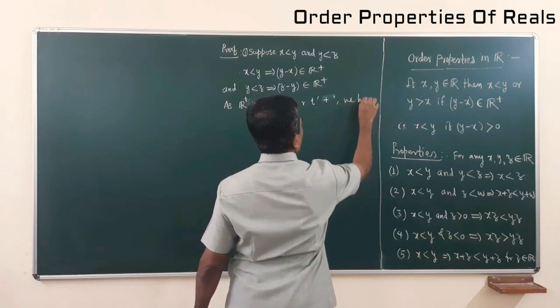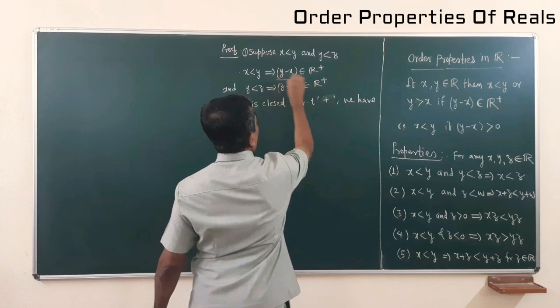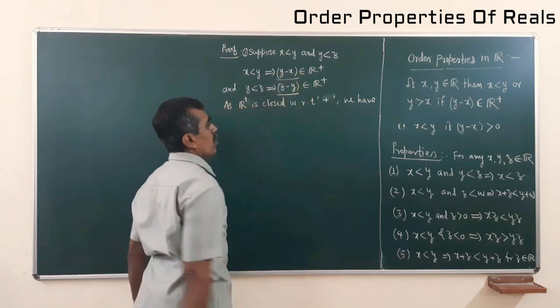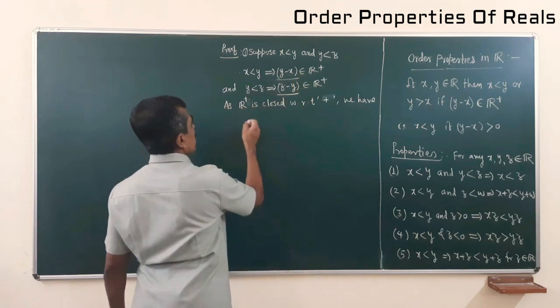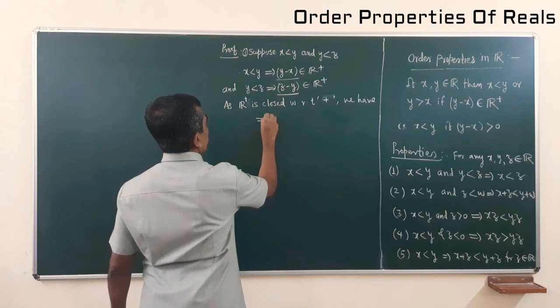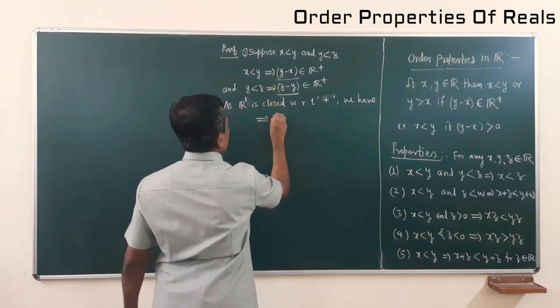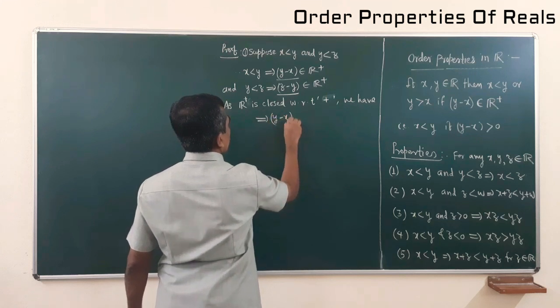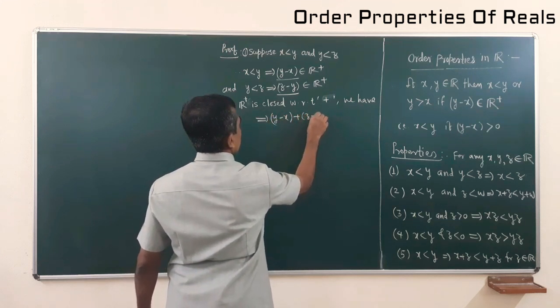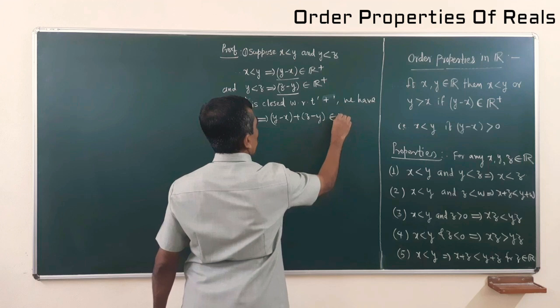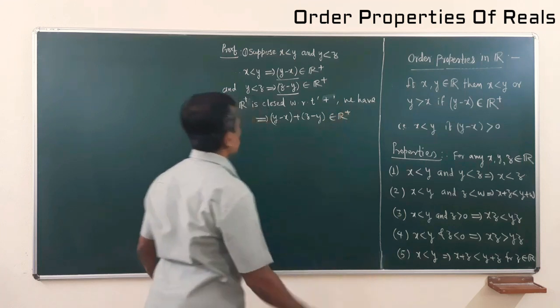We have A belongs to R plus, B belongs to R plus. So this implies y minus x plus z minus y also belongs to R plus.